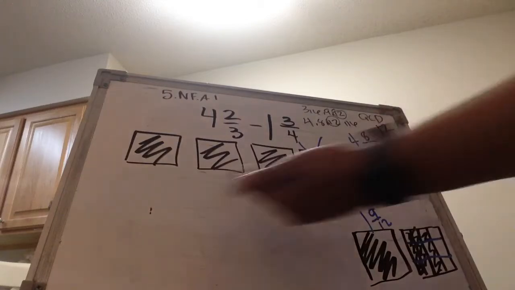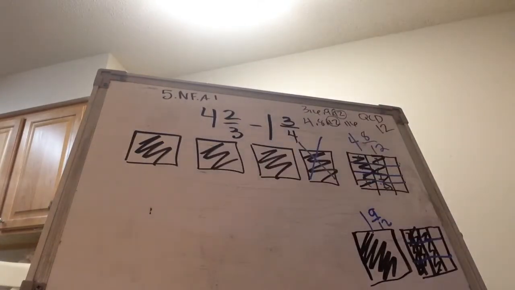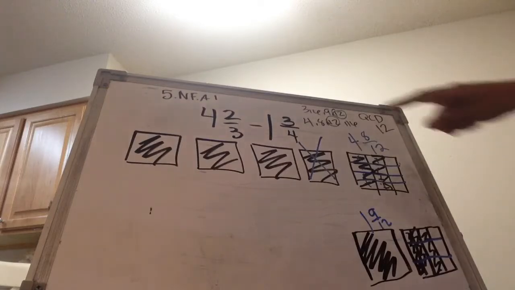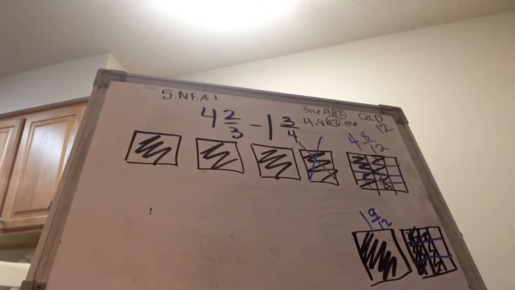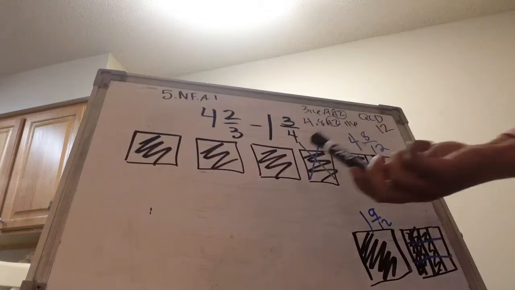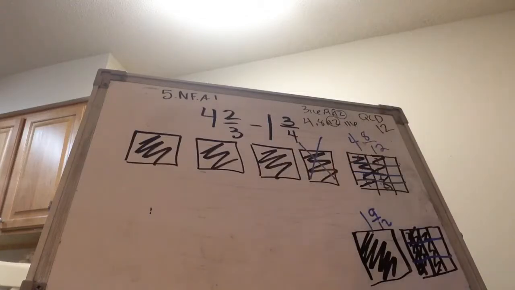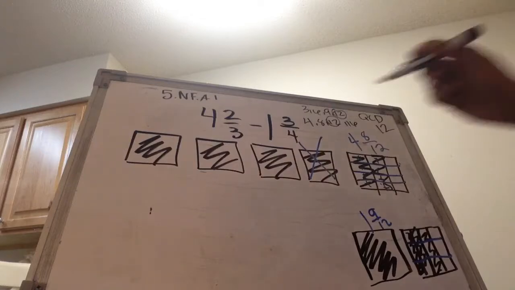So I have 3 other wholes that I need to utilize to help me subtract. So I can go to the next whole and trade in or regroup. And what I would need to do is cut up this whole into the same amount of equal pieces, which are 12ths.